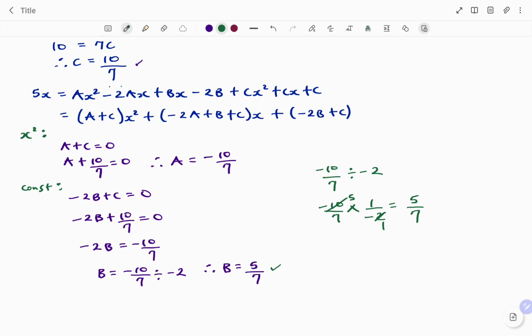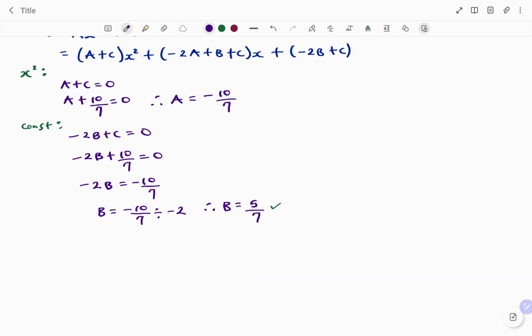So therefore, rewriting my fraction as a sum of its partial fractions, I have 5x divided by (x squared plus x plus 1) multiplying (x minus 2) equals, then I'm going to replace my a, b, and c.